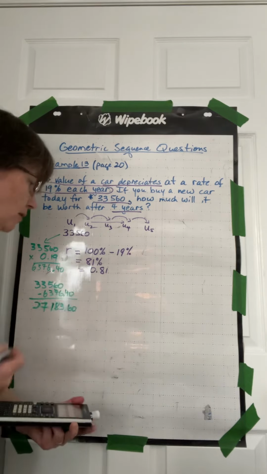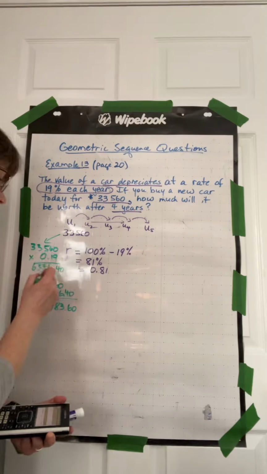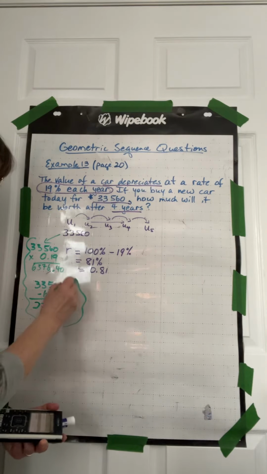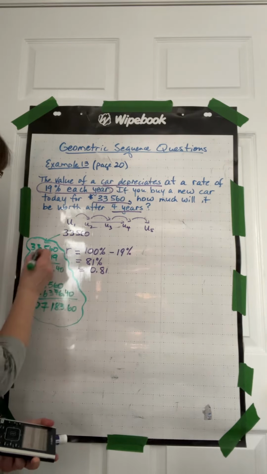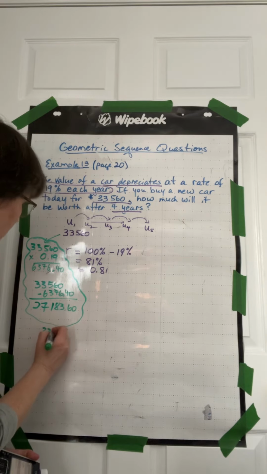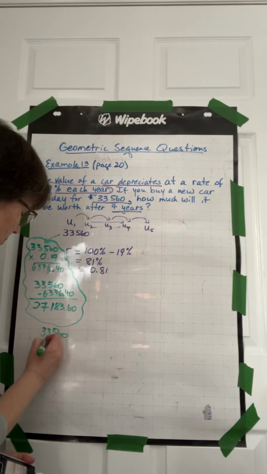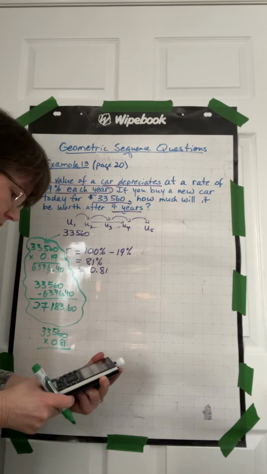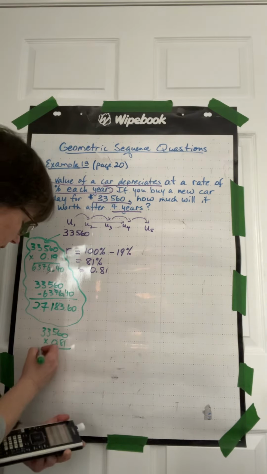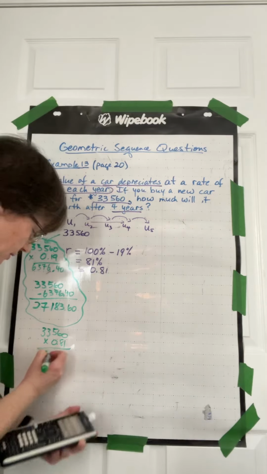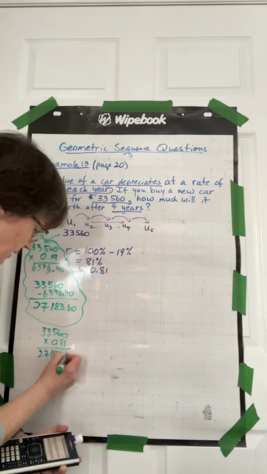27,183.60. Now, notice that instead, a shortcut way of doing all of this is just multiplying our original by 0.81. So 33,560 multiplied by 0.81. Go ahead and do that. It actually gives us 27,183.60.